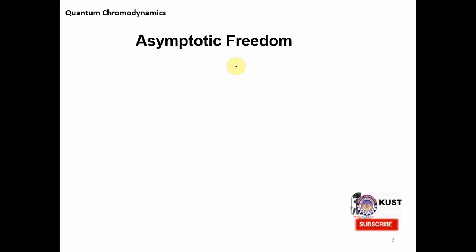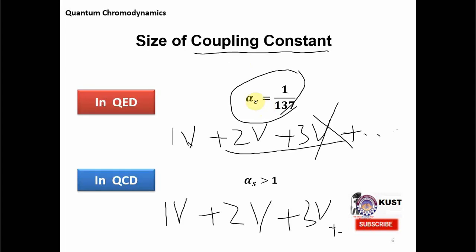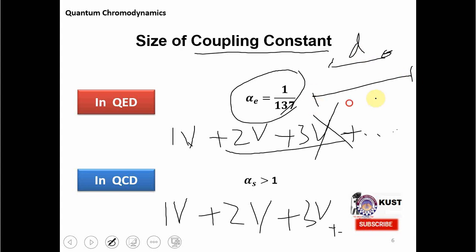People discovered asymptotic freedom, where we found out that these coupling constants are not actually constants. They are running constants, which means that their values change with the distance between two particles. For example, if we have two particles with a distance between them, if the distance increases we have a different kind of coupling between them, and if the distance decreases, we have a different kind of coupling between them. That's why we call them running constants.